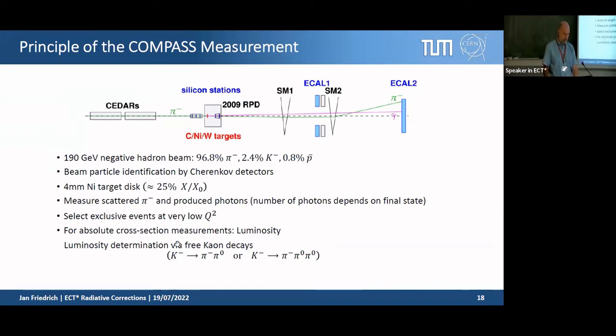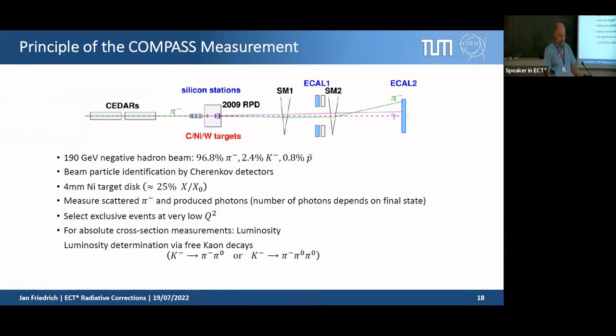And one of the real challenges of this experiment to get the chiral anomaly is to get the luminosity correct, because it's a cross-section height that we want to measure. Because the luminosity is not that precisely measured in the setup, we make a relative measurement compared to the free kaon decays, whose lifetime is measured very precisely.